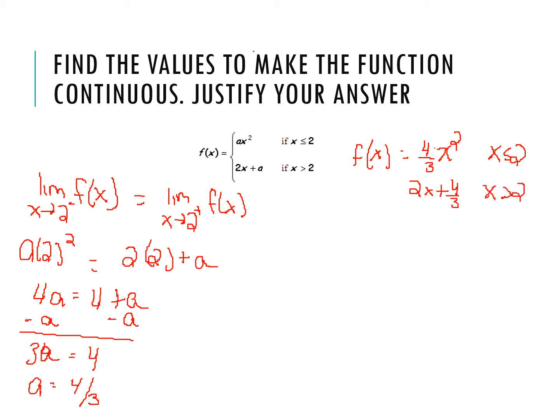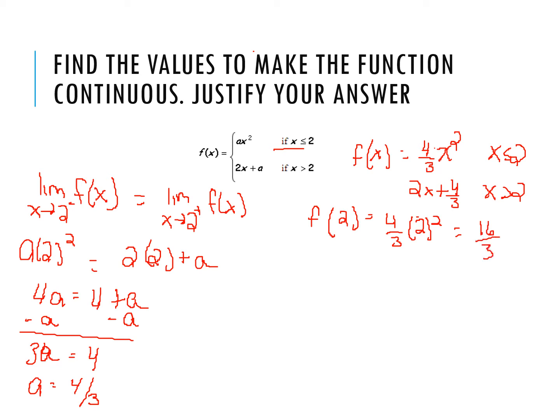So in order to prove this, I would have to show that f of 2 is defined here. So I would have to say that 4/3 times 2 squared is equal to 16/3.